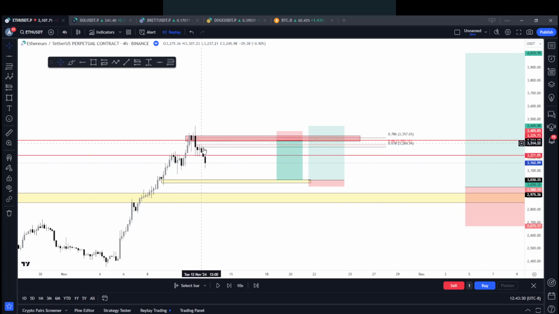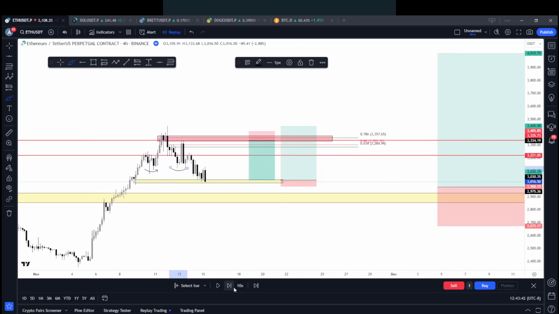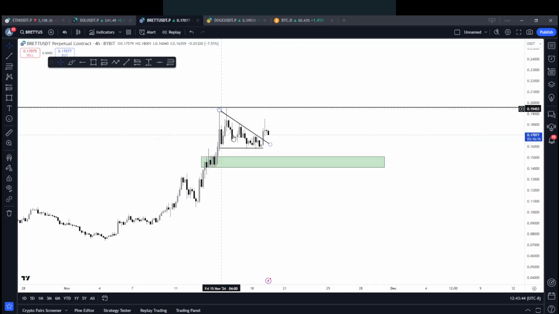Consolidation, falling wedge, come back down into that consolidation here, put in a double bottom, right? And then grinds up, right? Same thing with Brett. This is more of a bull flag, but come back down here, put in a double bottom, and then go higher.